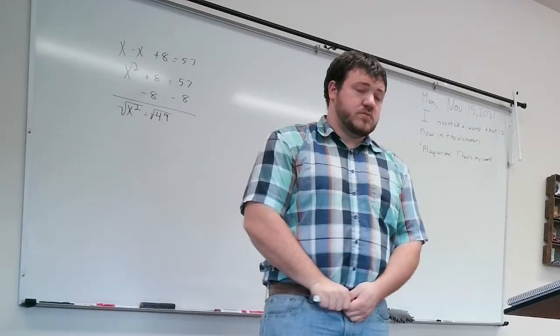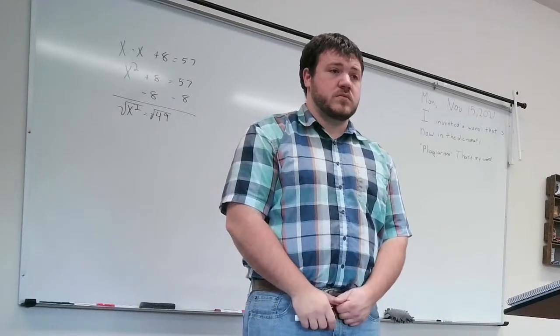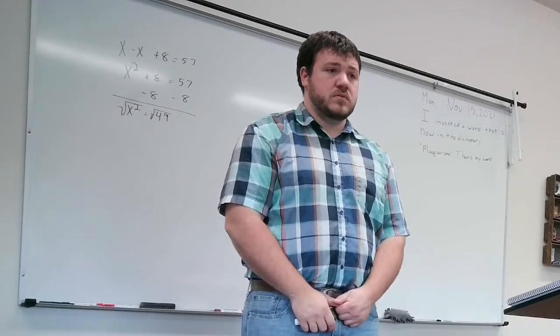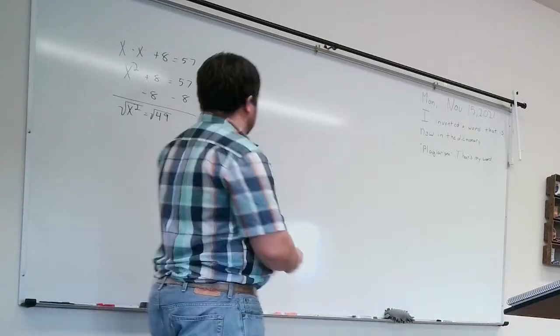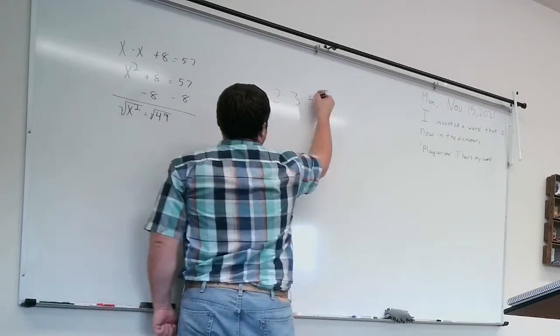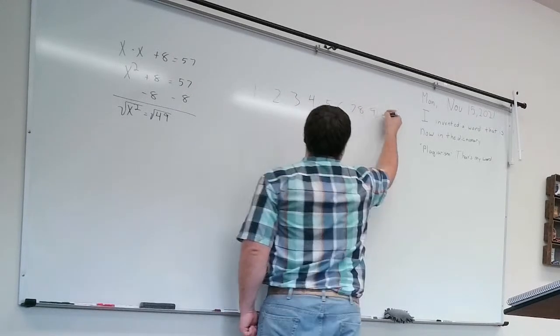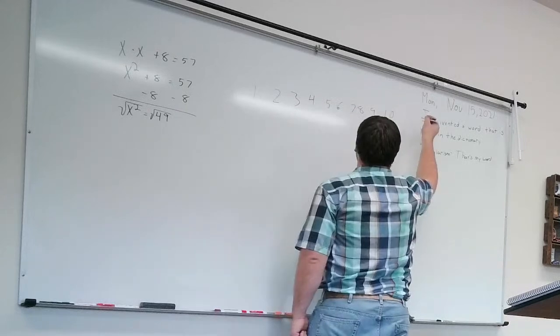So he wrote the numbers 1 to 20 on slips of paper, placed them in a hat, and then the probability that he'll pull out a 3 is 1 over 20. How many does he have? 1 to 20.